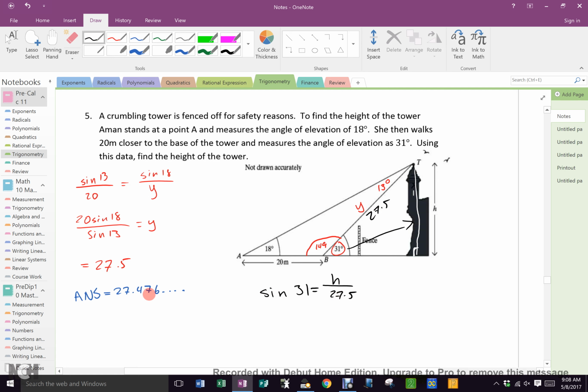Really, it's this 27.43 whatever, yeah? So I'm going to need to do 27.5 sine 31 to get my height, yes? Now, since you've written this out and that number is sitting right there, what is the only thing you need to do with your calculator? Hit times sine 31. And what do you get?